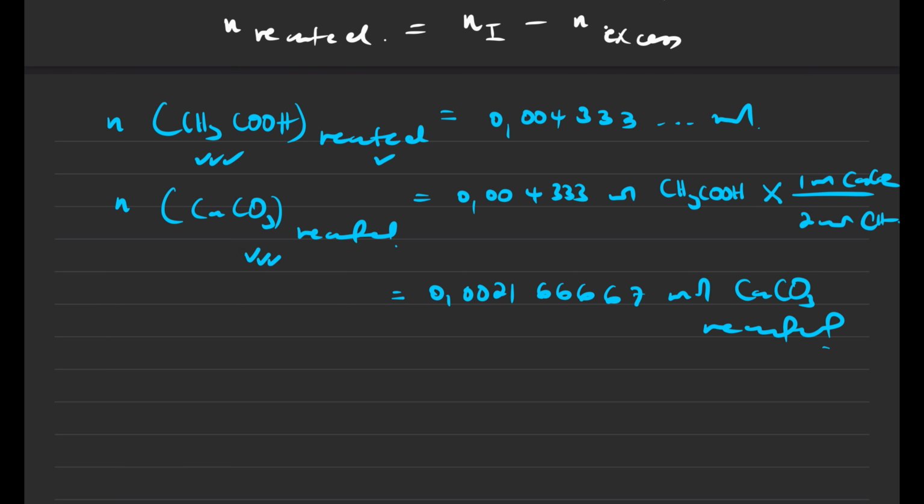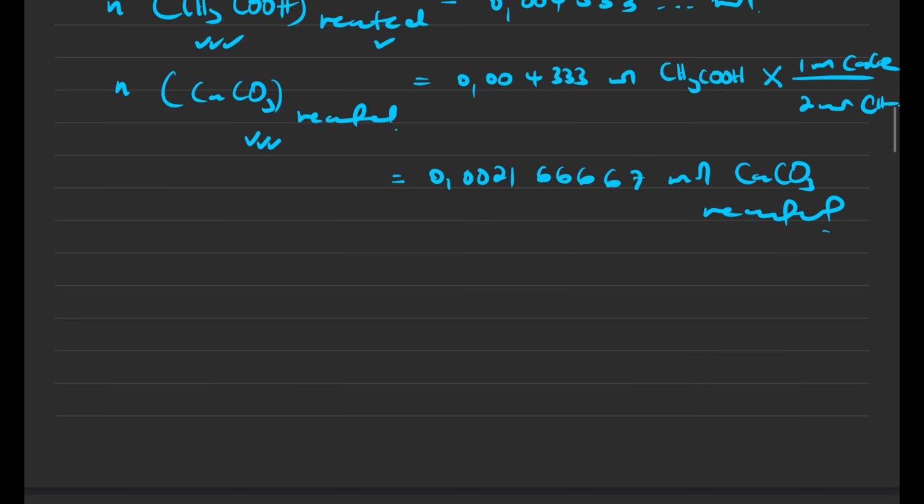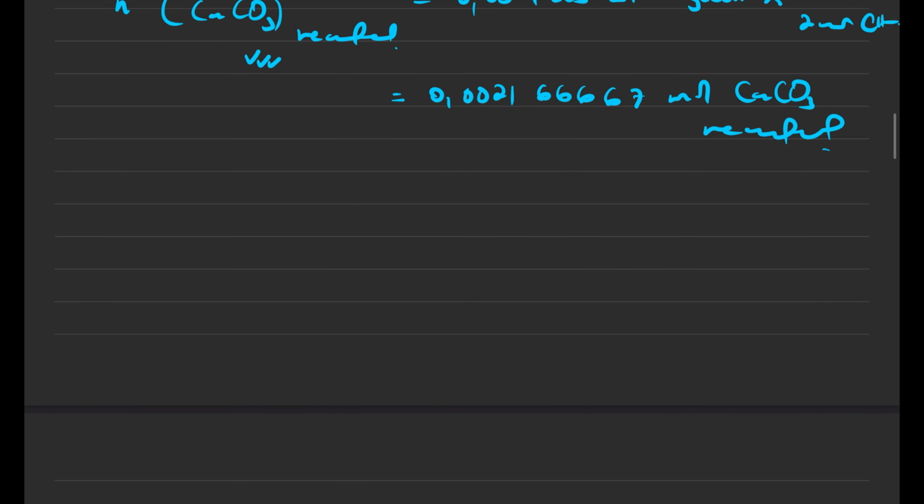All right, remember, within the 1.2 gram, this is the pure amount, but now we just need to find that amount in mass. The mass of CaCO3 which actually reacted is equal to what? That is going to be the number of moles which you have just calculated times the molar mass.